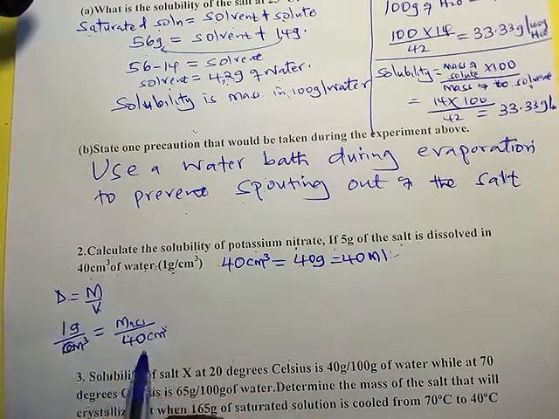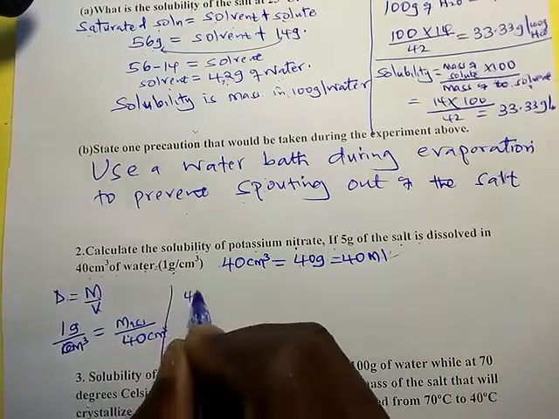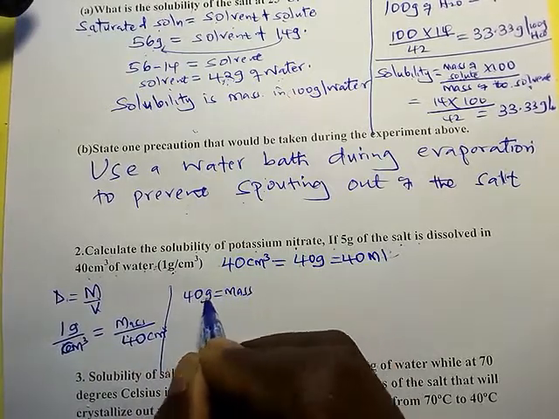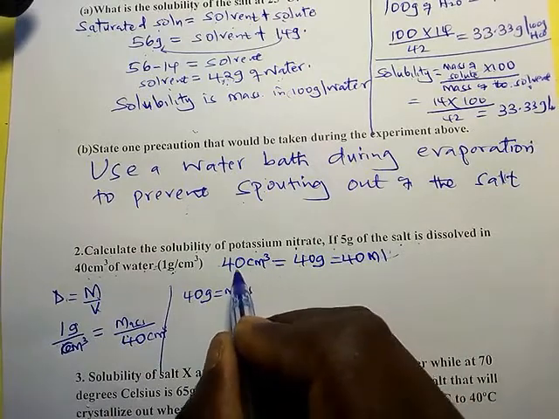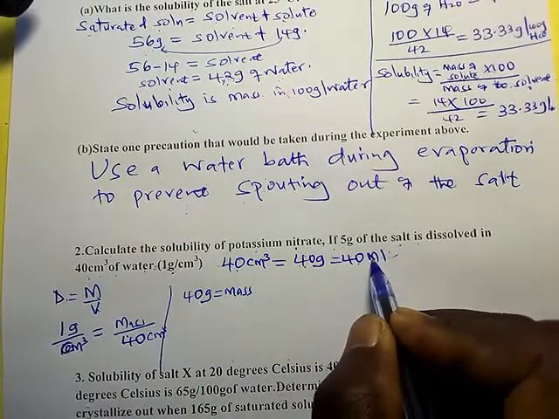So cross multiply, and you will get that 40 grams is equal to the mass. So the mass is 40 grams. So 40 centimeters cube is the same as 40 grams, is the same as 40 ml.